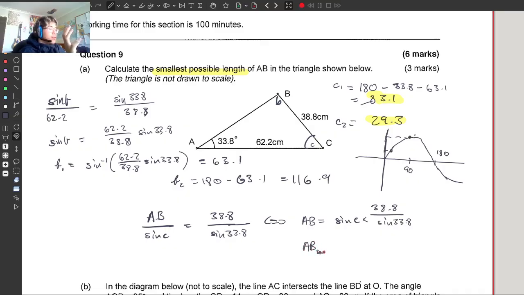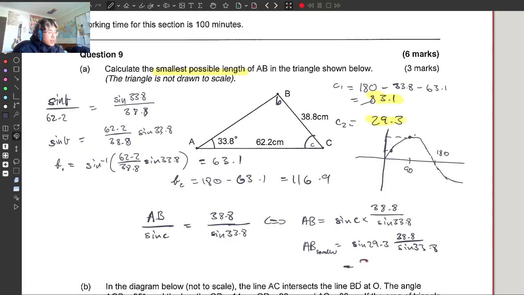Therefore, AB smaller is going to be sine of 29.3 times 38.8 over sine 33.8.